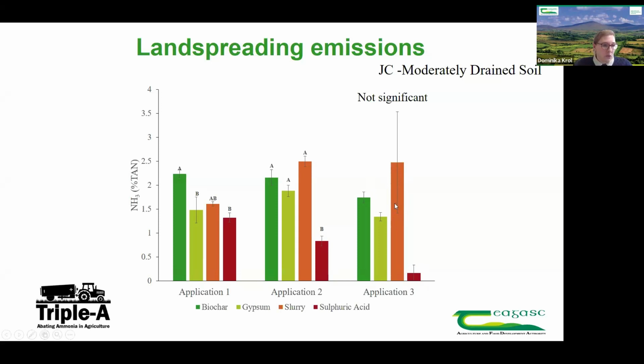There is a huge internal variability between the replicates in that particular treatment, and that's what's driving us not being able to detect significant differences between them. So that merits further investigation from the project team. The project is still ongoing. That's why I can't give an exact answer yet.